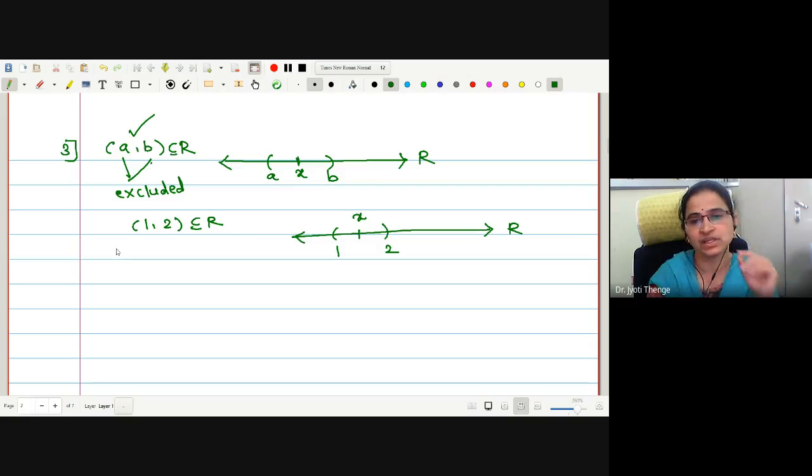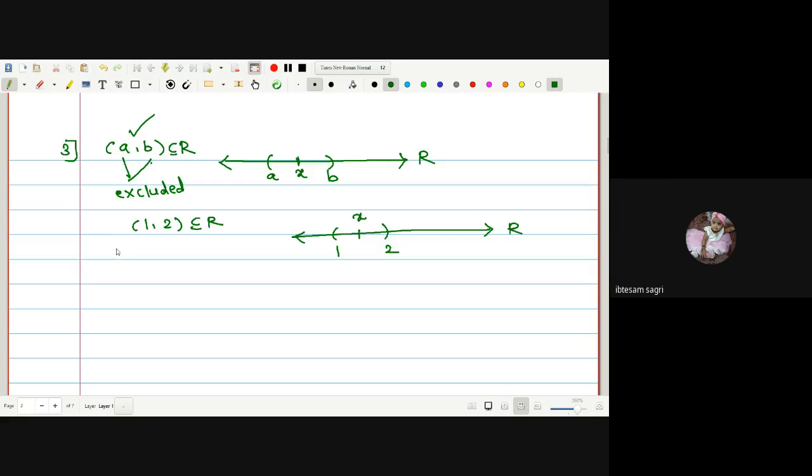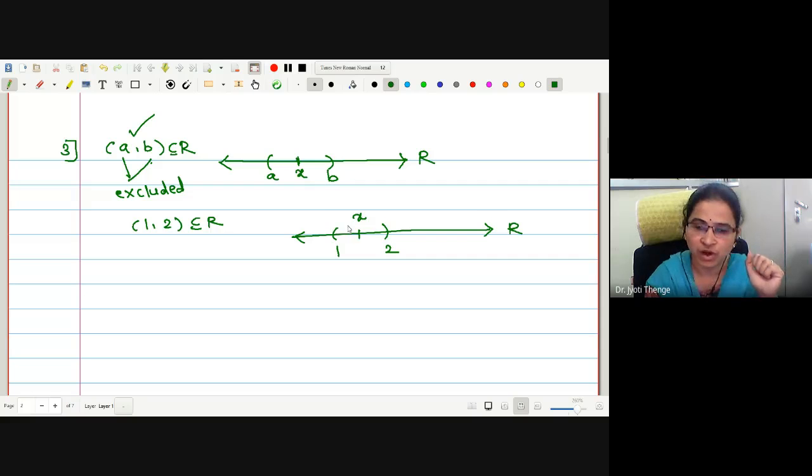Whether open interval is neighborhood of X or not. Yes, it is. Okay. Because one can draw a small neighborhood around X. That open interval is contained in 1 2, and according to our definition, this 1 2 itself will be a neighborhood of X. And wherever is this location of X, हा X कुठेही जरी असेल, then also we can draw a small neighborhood around it so that open interval 1 2 will be the neighborhood of X. Therefore, may I say this open interval AB is neighborhood of each of its points?